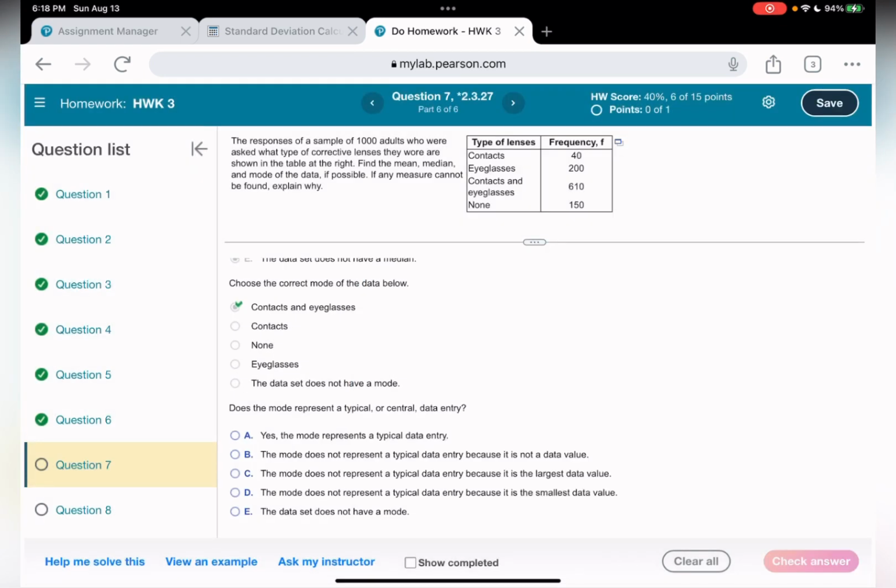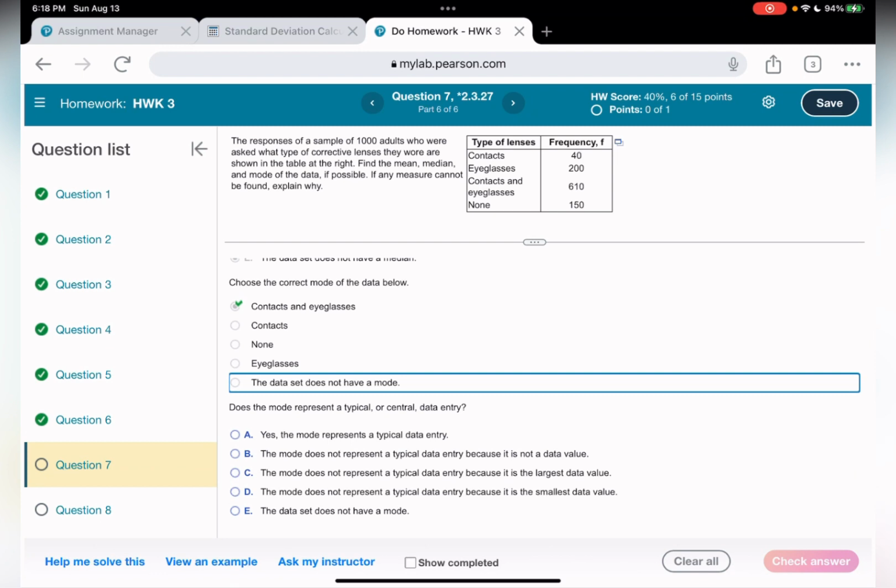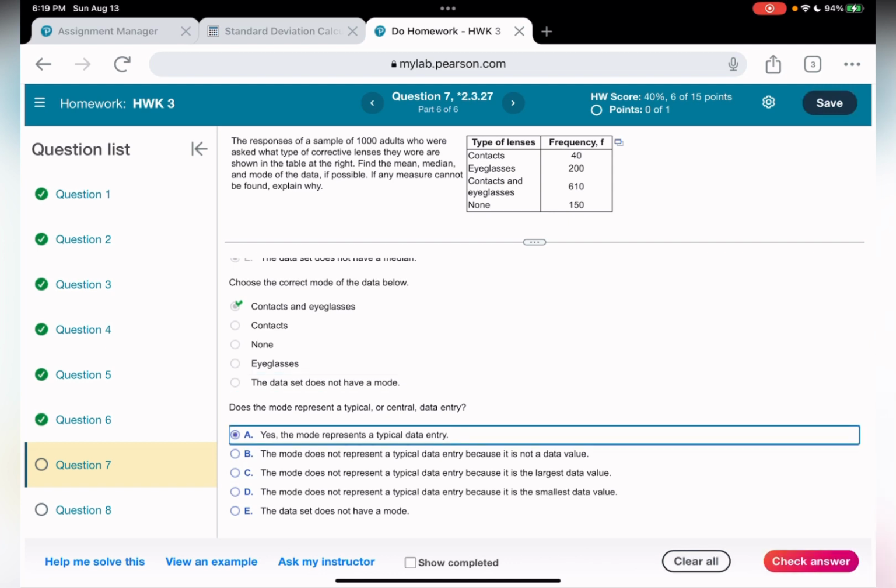Does the mode represent typical or central data entry? Now this one is a general question. Yes. The mode represents typical data entry.